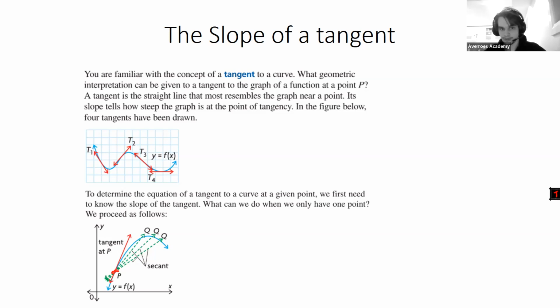We have a sequence of secants that are defined by the initial point P, the reference point, for example, the one that we are interested in, right? And it's defined by point Q. And this point Q is pretty much what we are looking into.